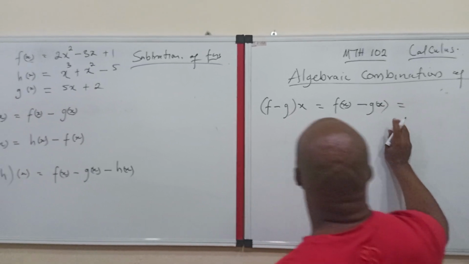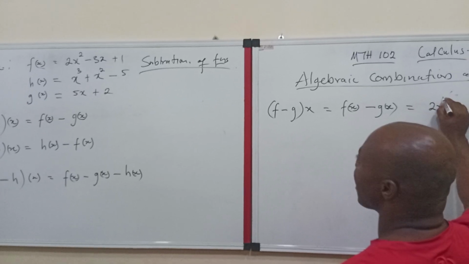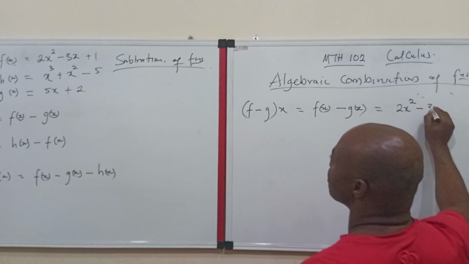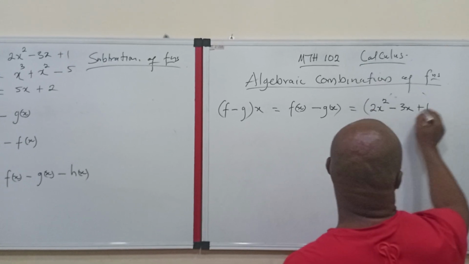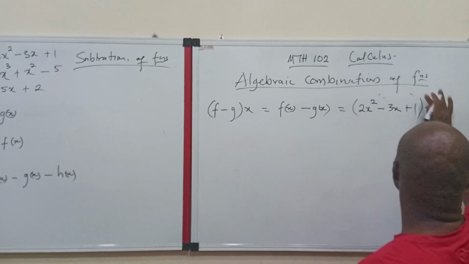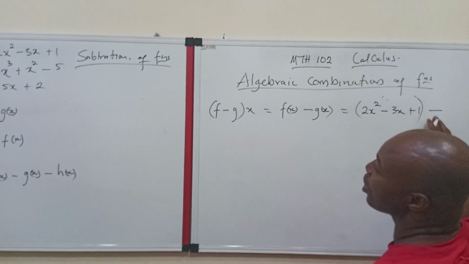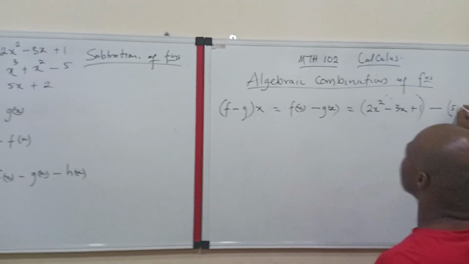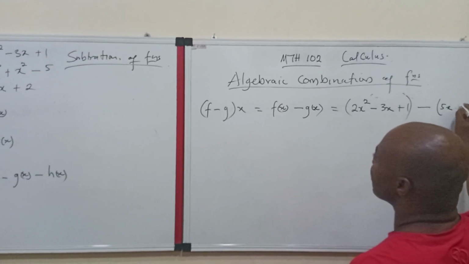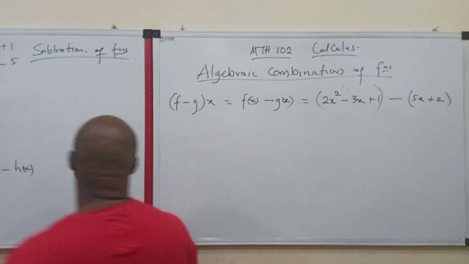And this is equal to, our f of x is 2x squared minus 3x plus 1, minus g of x, which is 5x plus 2. That is what we have.